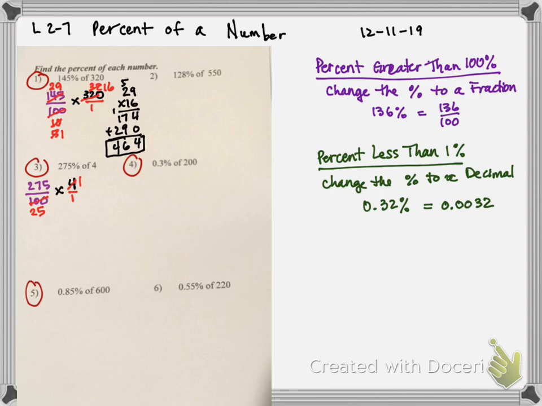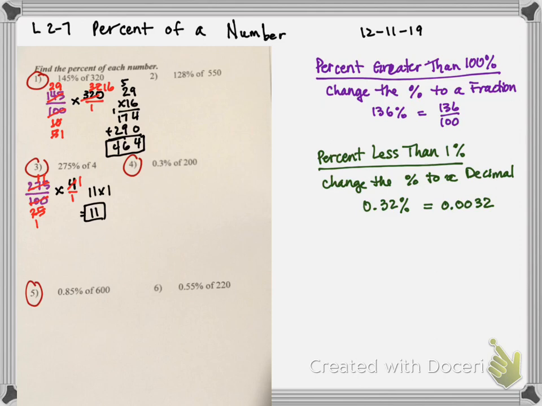Oh, 25 goes into itself once, and goes into 275. Let's see, it goes into 27 once with 2 left over, which is 25, and once again. So I'm left with 11 times 1, which equals 11.